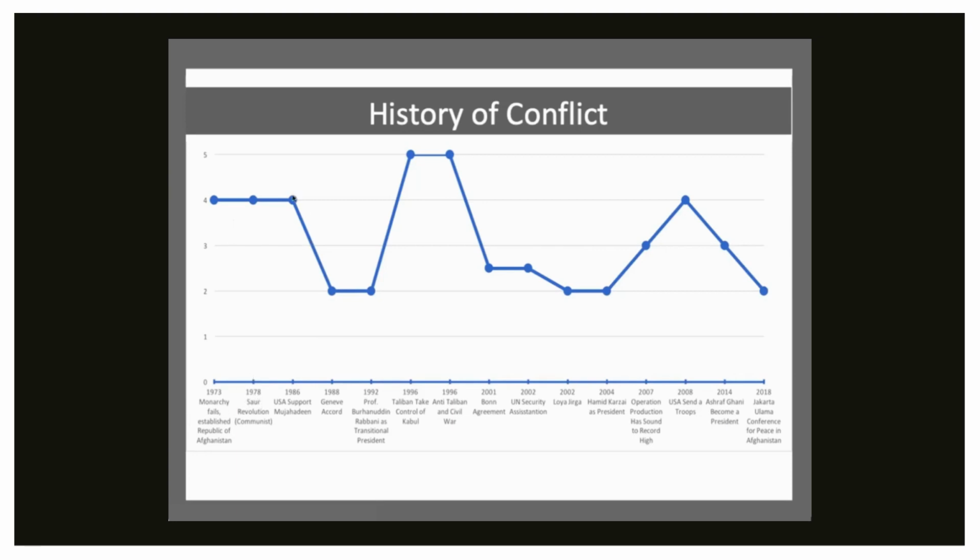And then the conflict became bigger and bigger, also when the US came to support the Mujahideen in 1986.